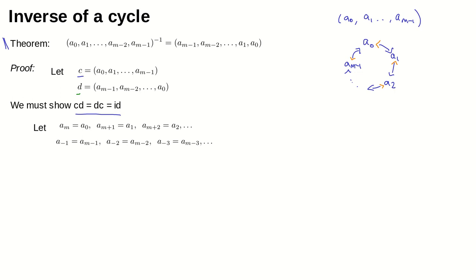What I'm going to do is extend the definition of these numbers Ai. At the moment, when we're defining C and D, only the numbers A0, A1 up to AM-1 mean something, and those are some distinct integers. But to help me write my proof down, I'm going to define AM to be A0, and AM+1 to be A1, and AM+2 to be A2, and so on.